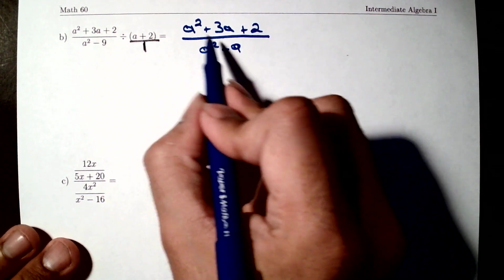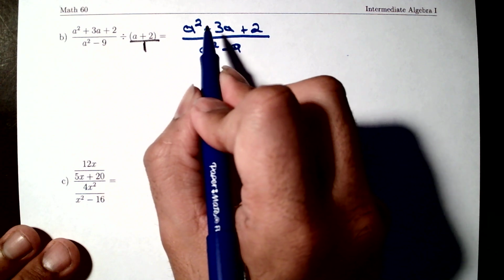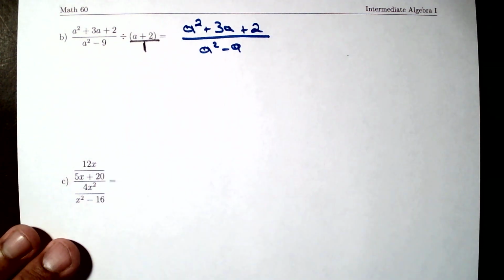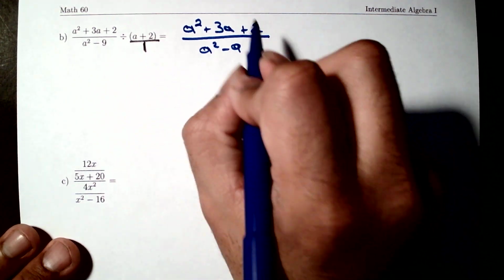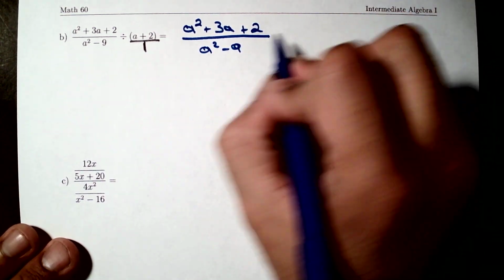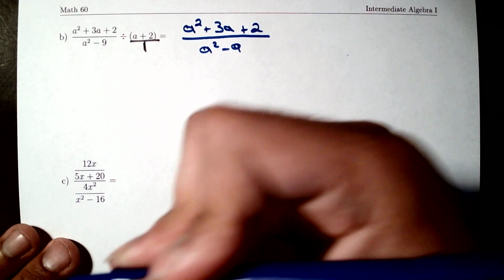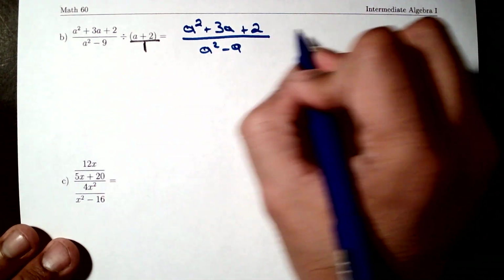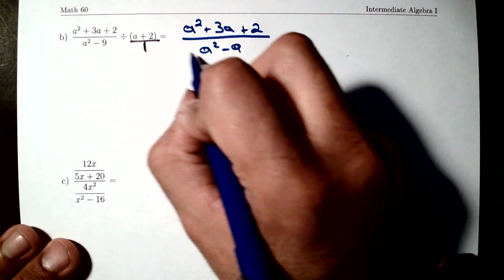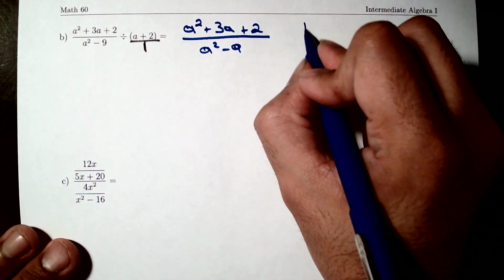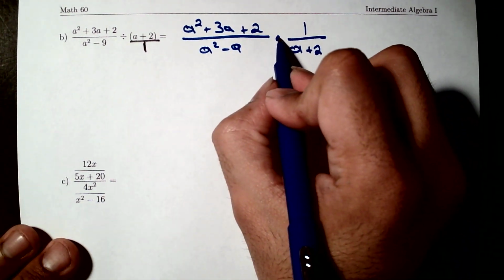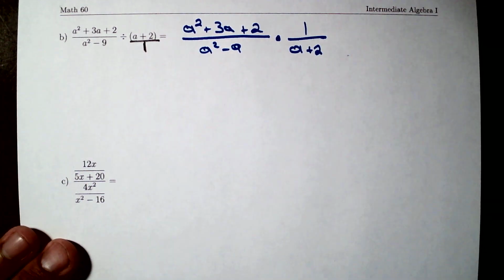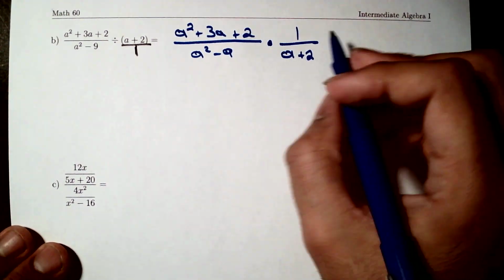Of course, if you feel comfortable with factoring as you go applying the KFC rule, by all means, you can do that. However, I try to do one step at a time. That is, do the KFC rule first and then factor out the polynomials. So I'm going to keep the first fraction, flip the second fraction, and change the division into multiplication. And we're ready to factor this out.